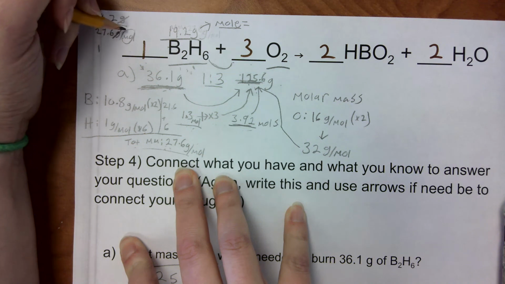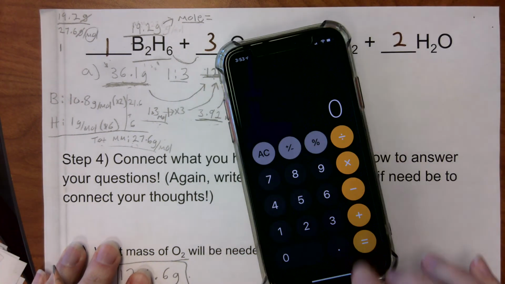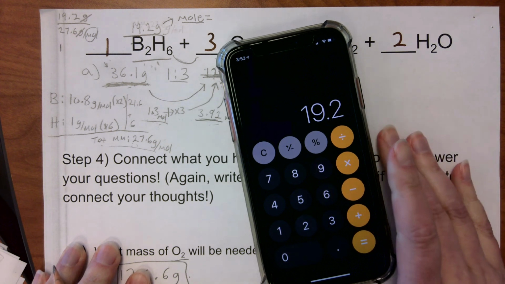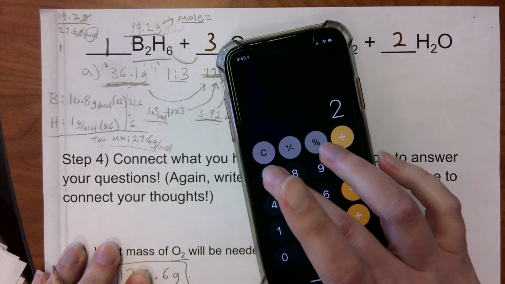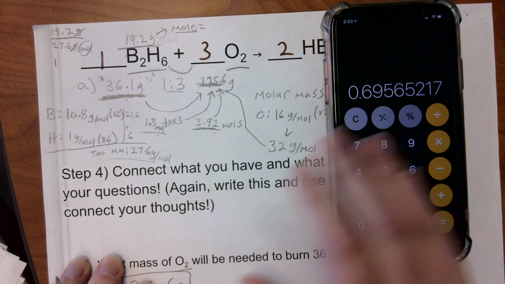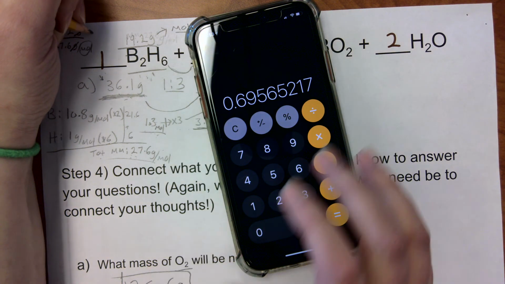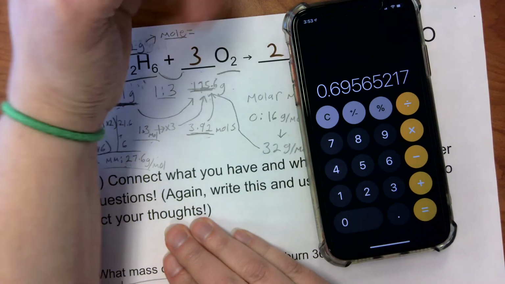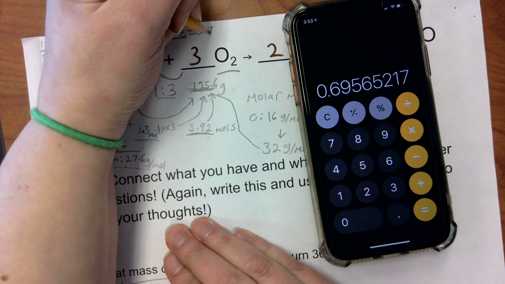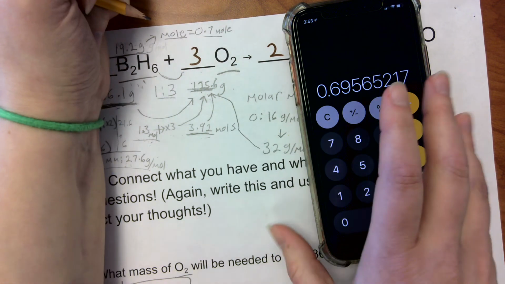Let's calculate that. 19.2 divided by 27.6 is 0.695. I'm going to round that roughly to 0.7 moles. Okay.